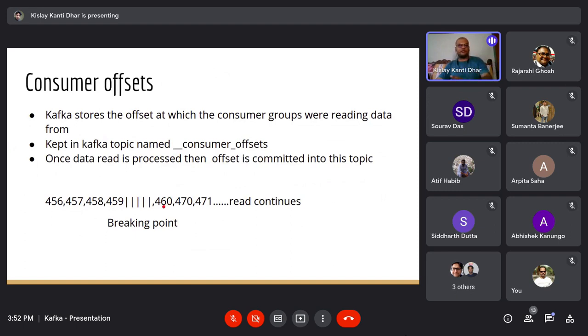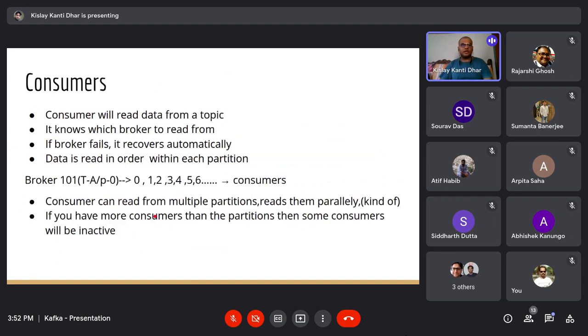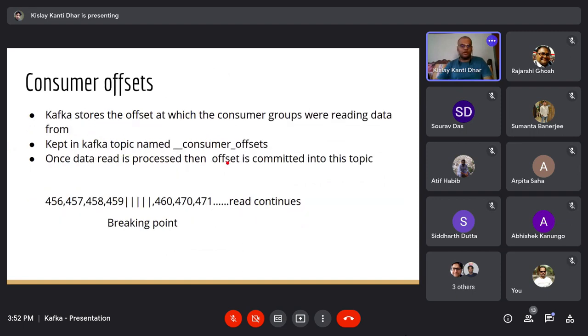As I discussed in an earlier slide, it will read in order within each partition. So it will see until which offset I have read. If it fails and recovers, it will check which one I have read, and from there it will carry on. Okay, so this is consumer offset.